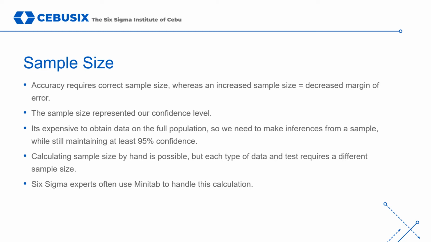To understand the importance of sample size, we will first review some important notes about sampling, as it is related to inferential statistics. Six Sigma teams take samples because they want to determine information about a population. With some exceptions, it is very difficult, very expensive, or impossible to run statistical calculations on the entire population of data.